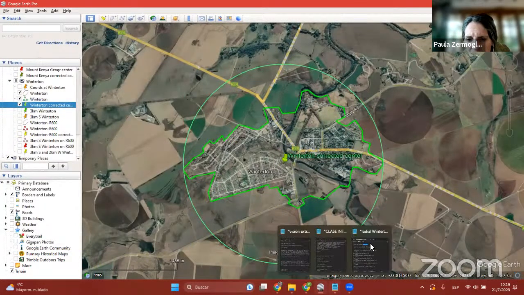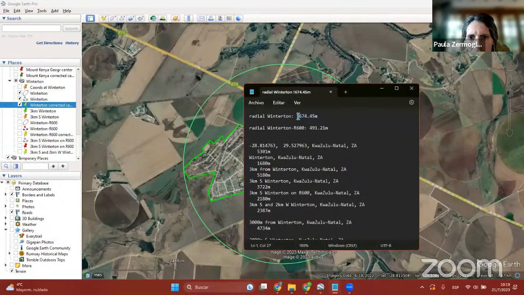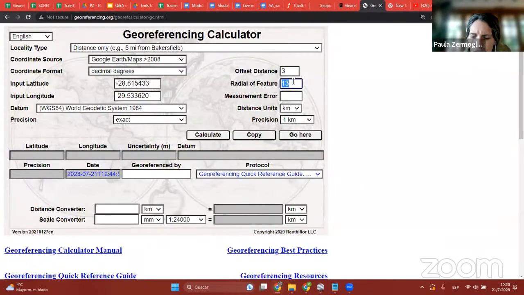And the radial was this, which we have to put in kilometers. Remember, it has to be in the same unit as the offset. So we're going to put 1.67, rounding this up, 1.67 kilometers.